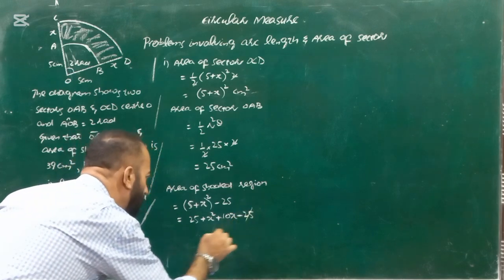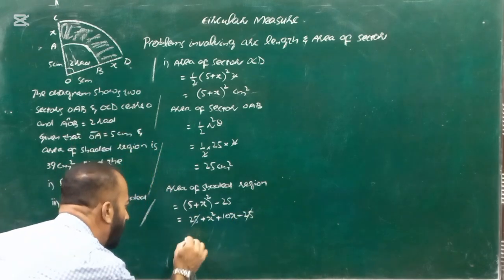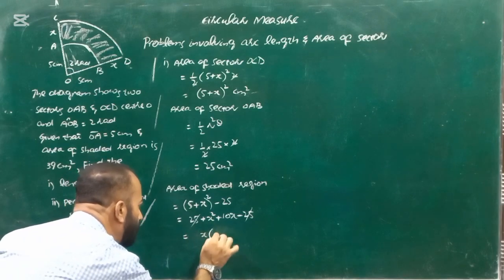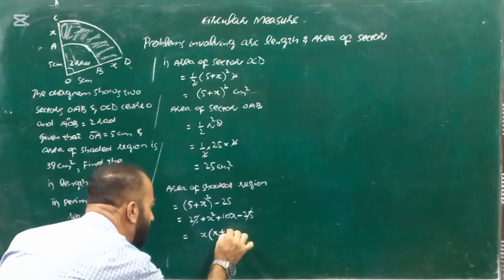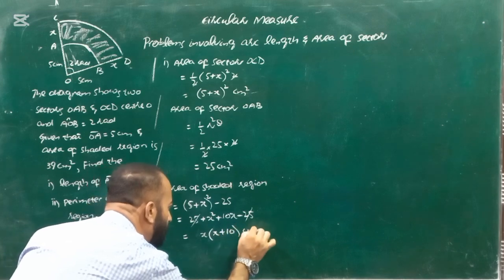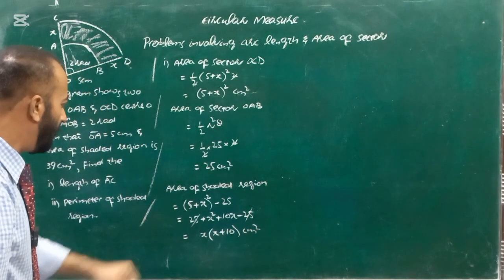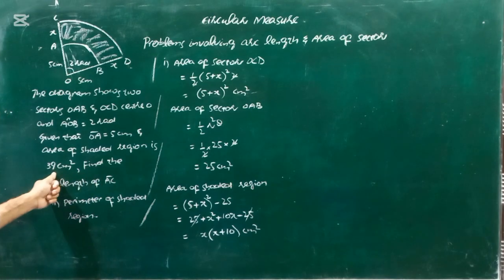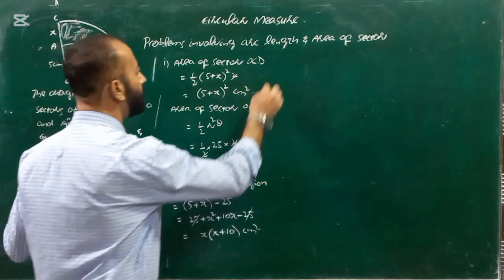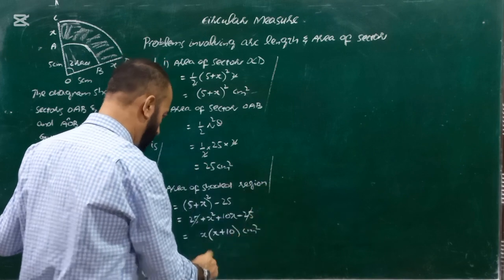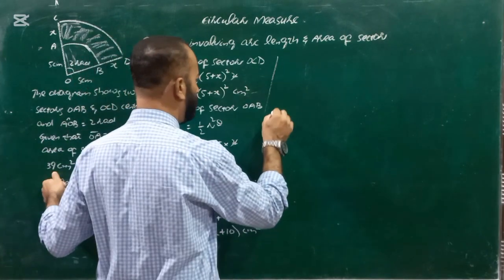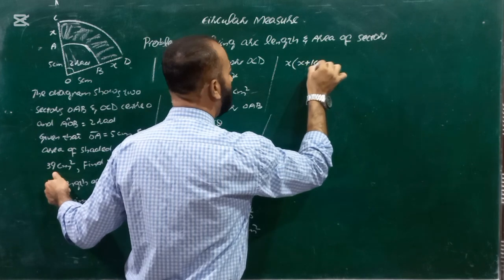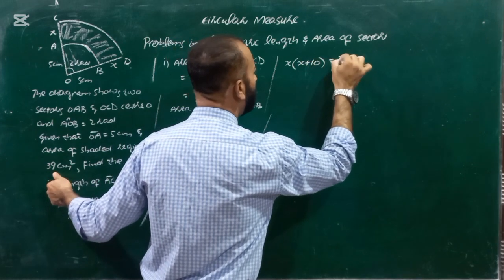From here 25 will be cancelled, and area is x into x plus 10 centimeter square. So this is the area of the shaded region, because area of the shaded region is given, that is 39. So x into x plus 10 will be equal to 39.